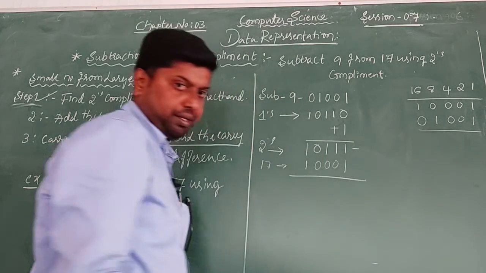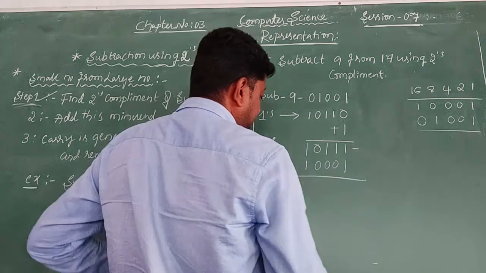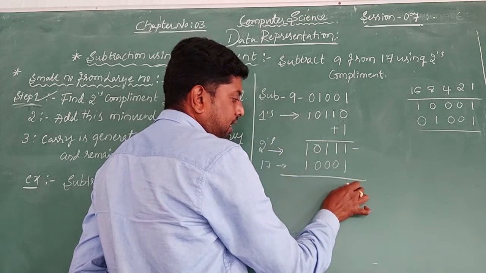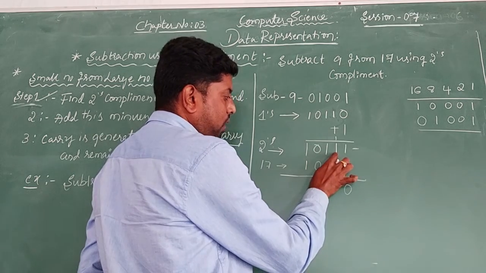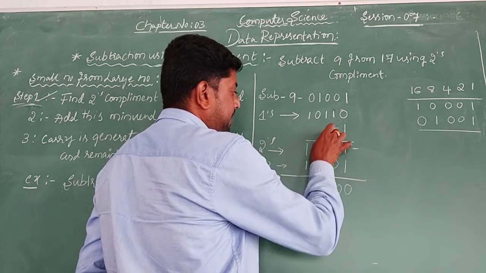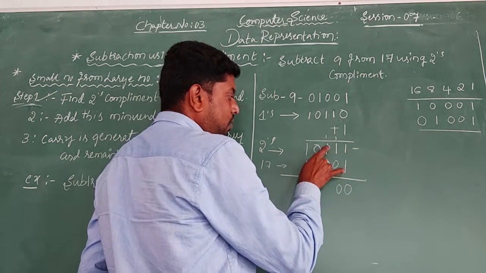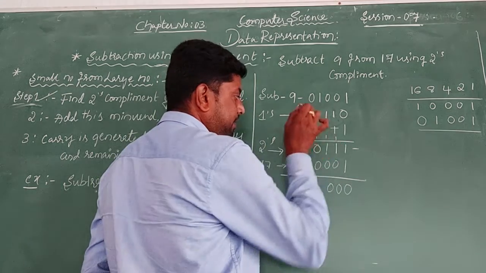Add these two numbers. If you add these two numbers, you will get one binary representation like this. See, 1 plus 1 is 0, carry 1. 0 plus 1 is 1, 1 plus carry, again 0, carry will generate. Then 0 plus 1 is 1, 1 plus carry, again 0, carry will generate.